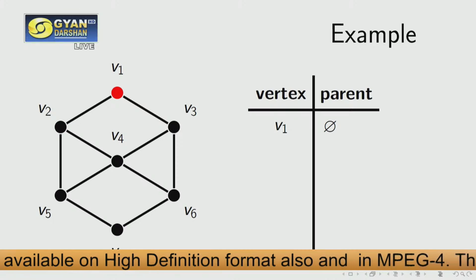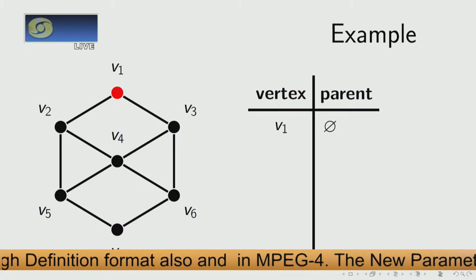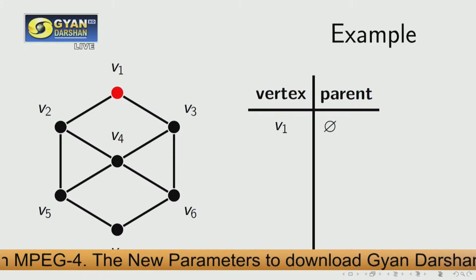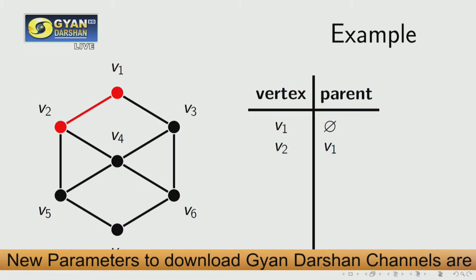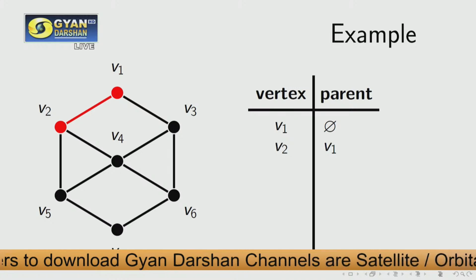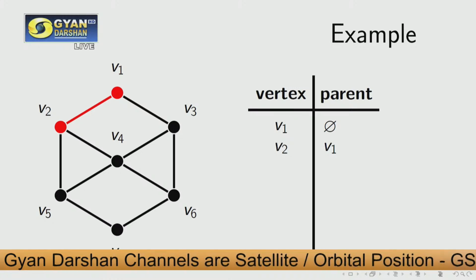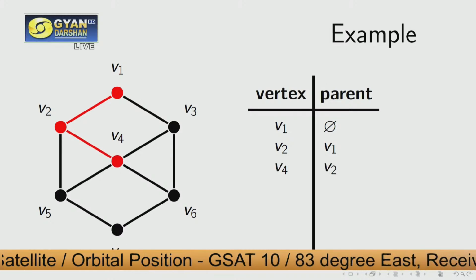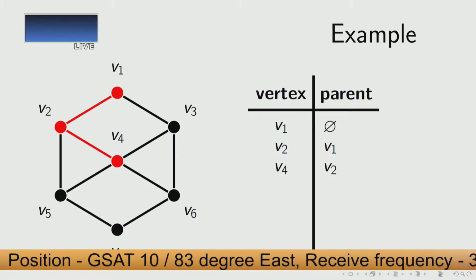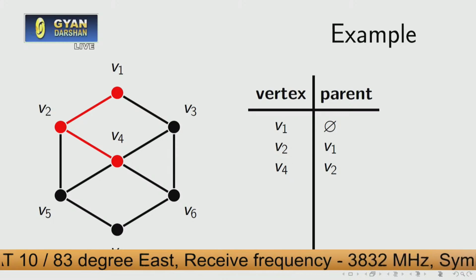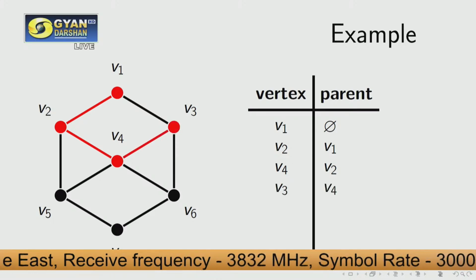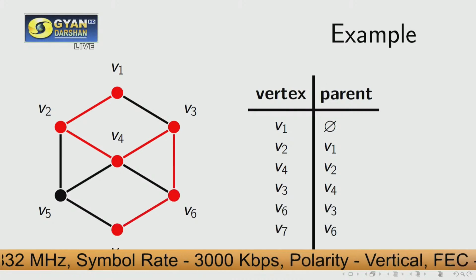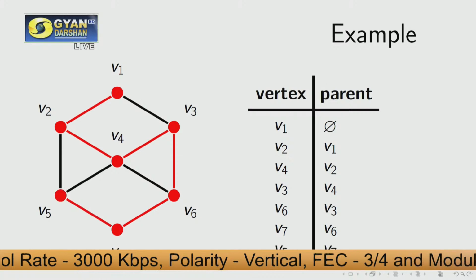Initially V1 is the root vertex, so it has no parent, it is empty. So we move from V1 to V2. We mark V1 as the parent of V2, and then we move from V2 to V4. Then V2 is marked as the parent of V4, and then from V4 to V3, V3 to V6, and then V7, and then V5.